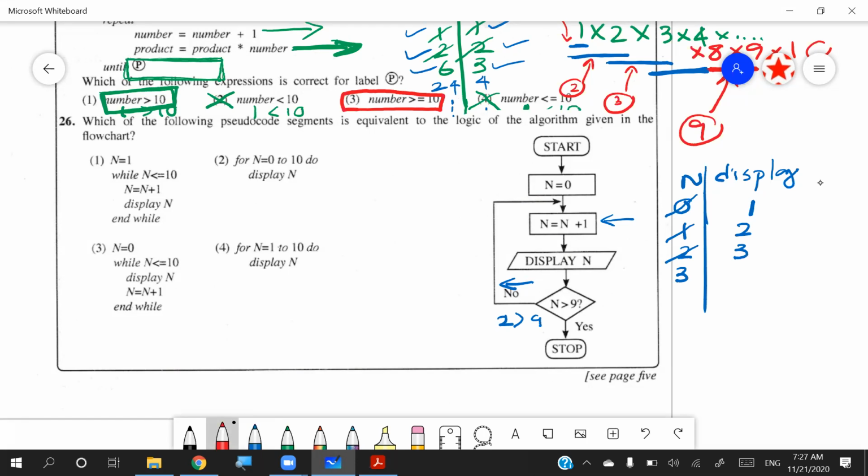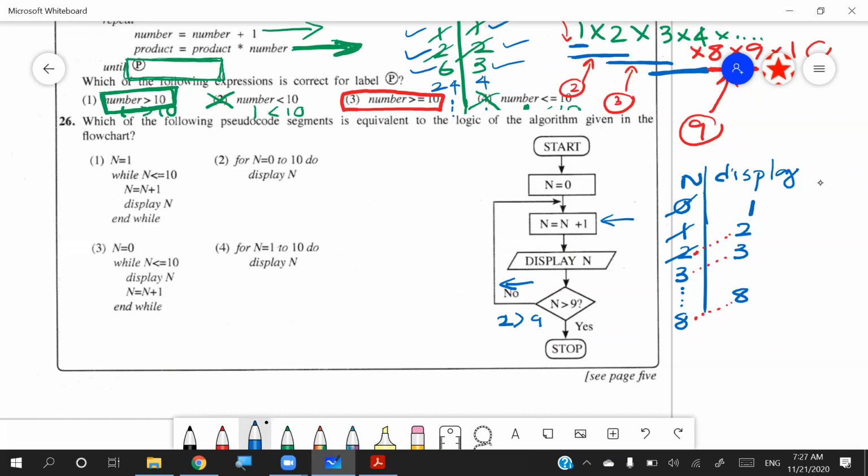So now you know the pattern: increase n and display it, increase n and display it, right? So likewise, this will come until 8. When n increases to 8, you are going to display the 8, right?